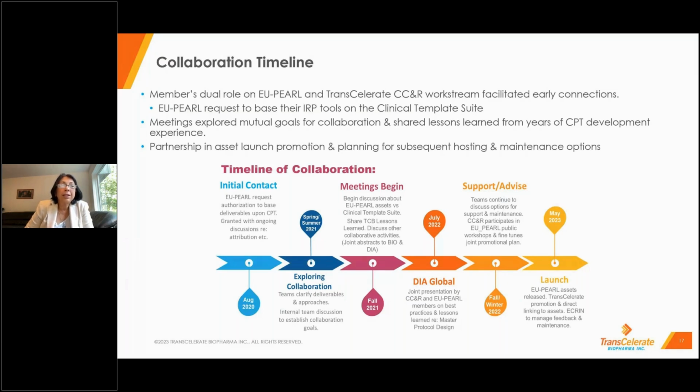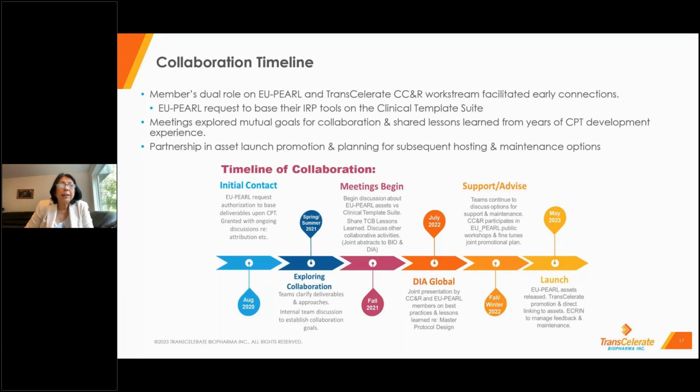TransCelerate was very generous, and they shared the lessons that they had learned, and also there were some joint presentations at BIO as well as at the DIA. So in 2022, we made a joint presentation at the Global DIA meeting.